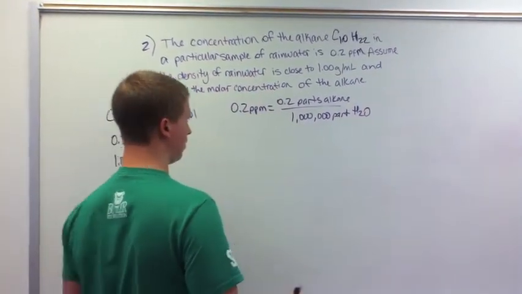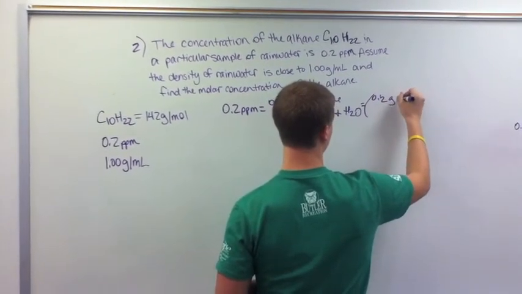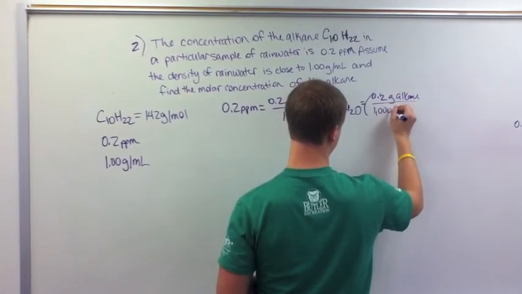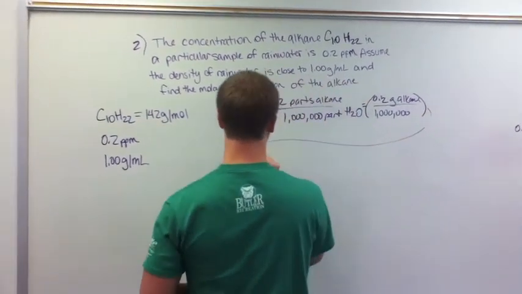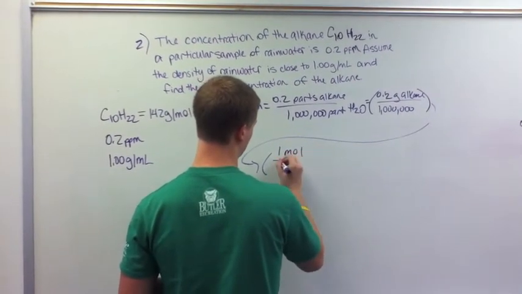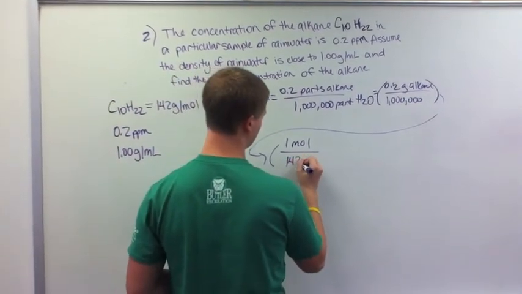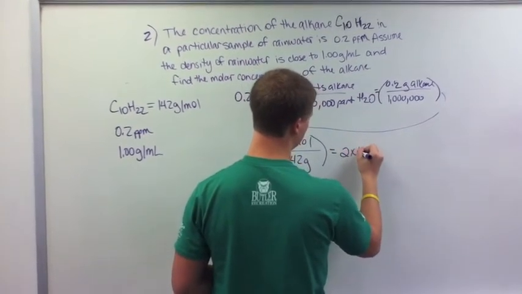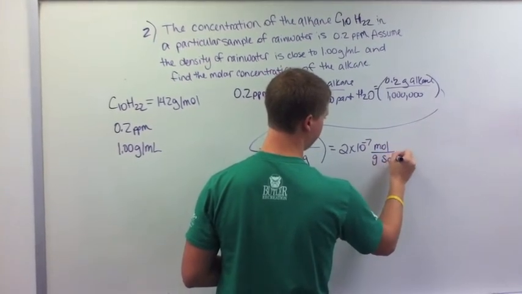So it's 0.2 grams alkane over 1 million parts water. And you're going to multiply it by a mole over the molar mass of C10H22, which is 142 grams. And you're going to get about 2 times 10 to the negative 7th moles per gram of solution.